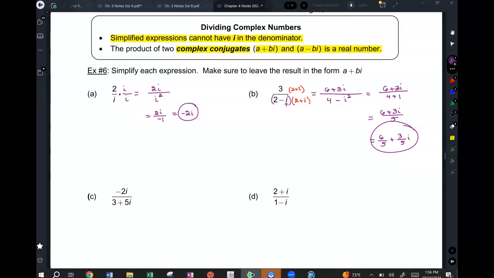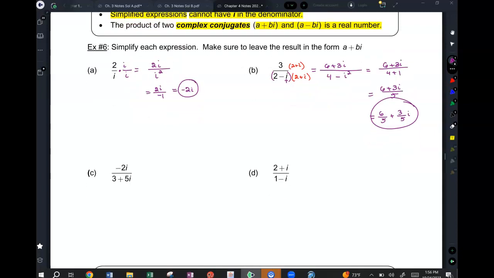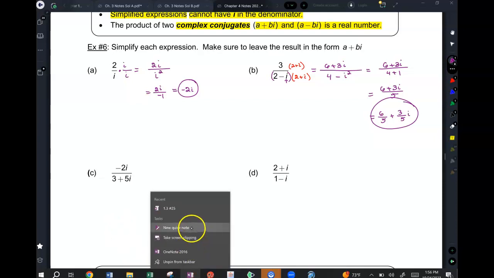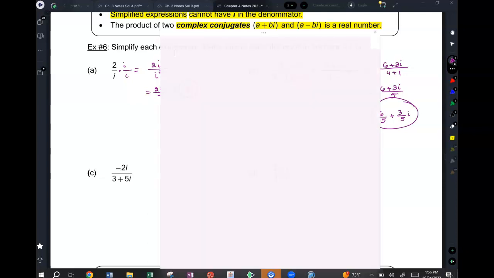Okay. So now I'm going to talk about something here. I'm going to write this here and then I'm going to erase it. This is so important that you guys get this and you're super quick with this. So, okay. If you have x plus 3, x minus 3, this would just be x squared minus 9.